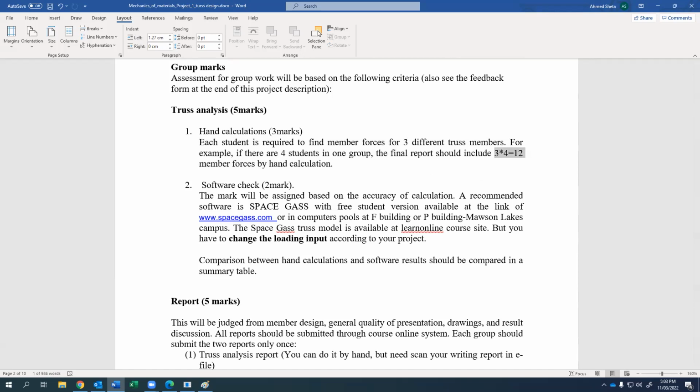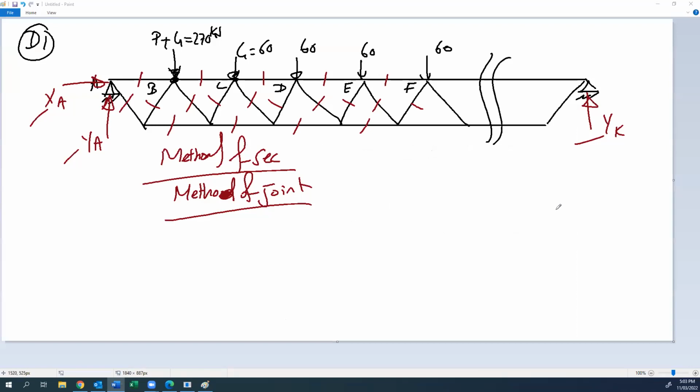If we return to the explanation I was doing here, let's say I am the first member of the group. I will select members 1, 2, 3. My colleague in the group will take members 4, 5, 6.